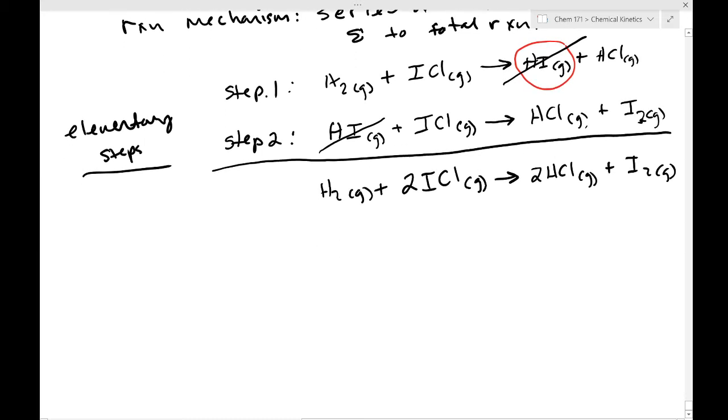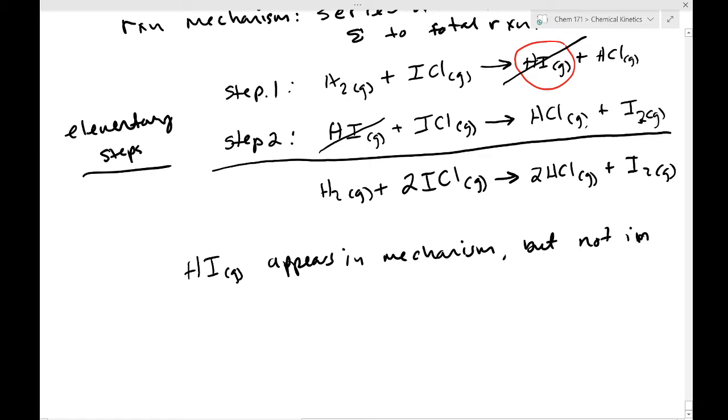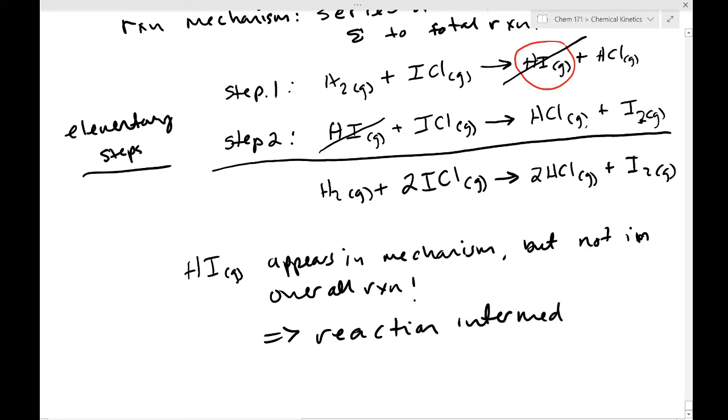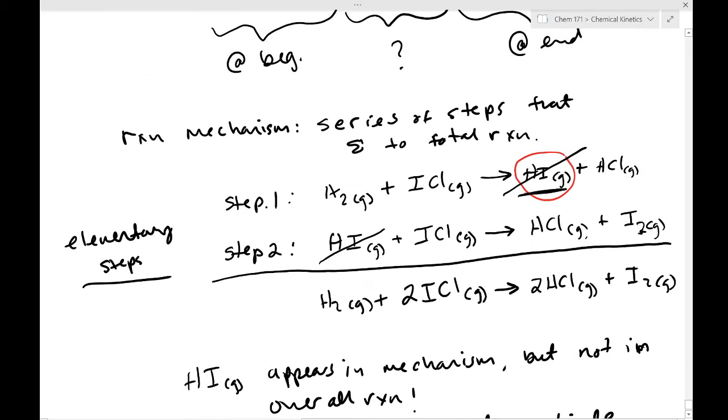Another interesting bit is that HI, or hydroiodic acid, appears in the mechanism, but not in the overall reaction. This is called a reaction intermediate. You'll notice that it's produced in the first step and it's consumed in the second step.